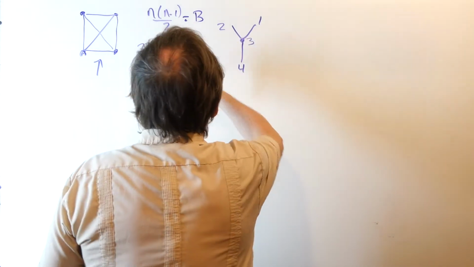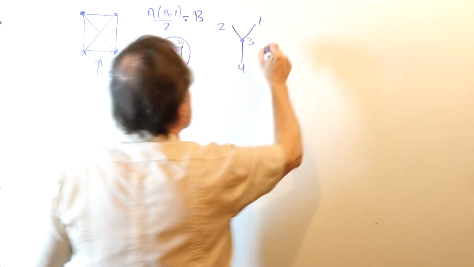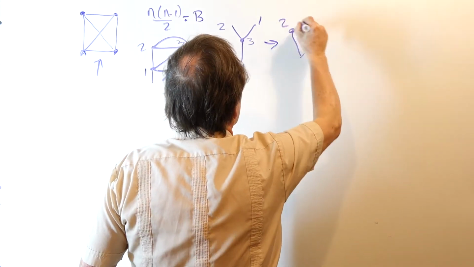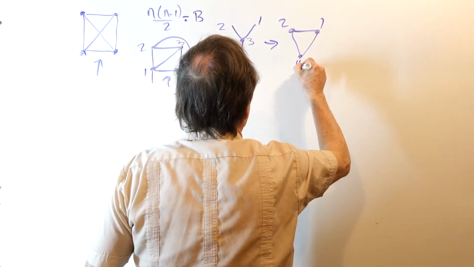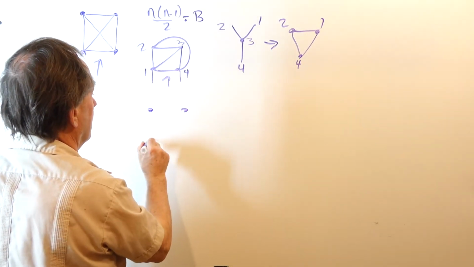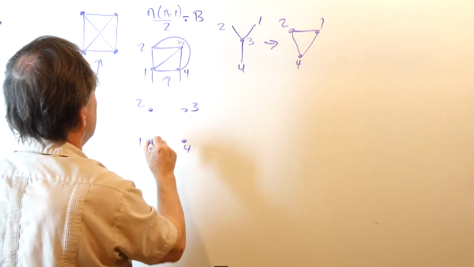So what I'm going to do now is replace these 3 resistors with a delta connection. So we have 2, 1, and 4. So putting in here, we've got 1, 4, 2, and 3.